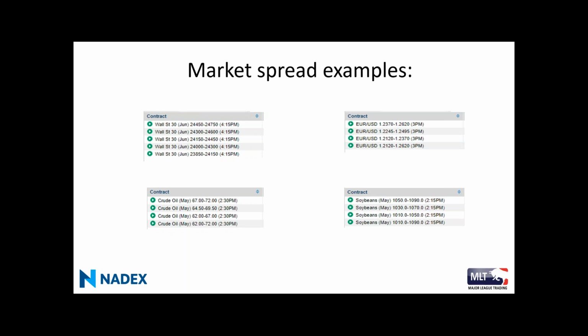The euro dollar has 4, and the commodities, crude oil and soybeans, also have 4. It depends, and those are predetermined strike ranges.